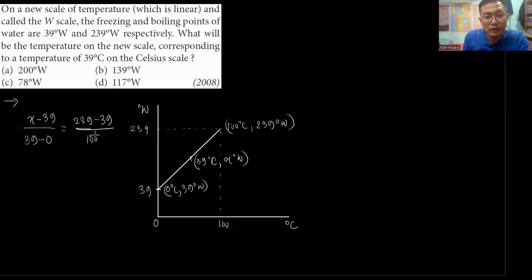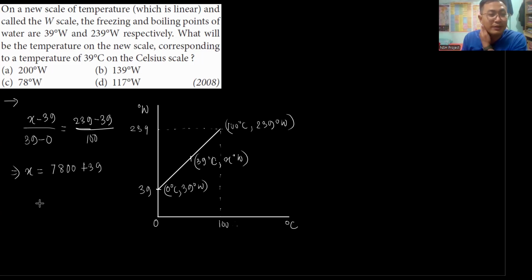That is 200 over 100. So x equals 200 into 39 over 100. 9 twos are 18, 3 sevens are 21, 7 8 is 78, and 200 over 100 is 2, so 2 into 39 is 78, plus 39.